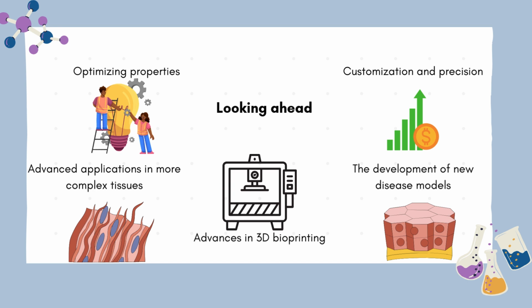Key, the development of new disease models using hydrogels to recreate 3D environments that simulate real conditions, which can aid in the research of pathologies such as cancer or neurological diseases.